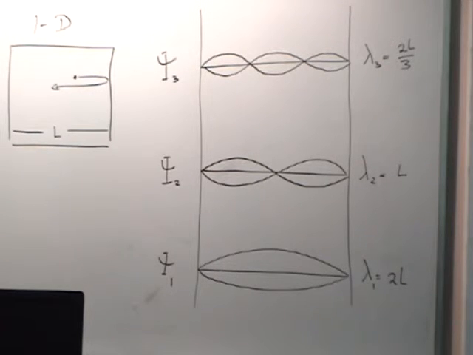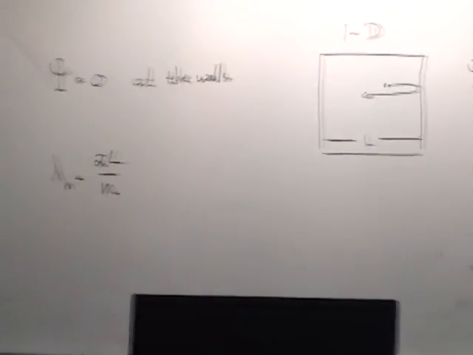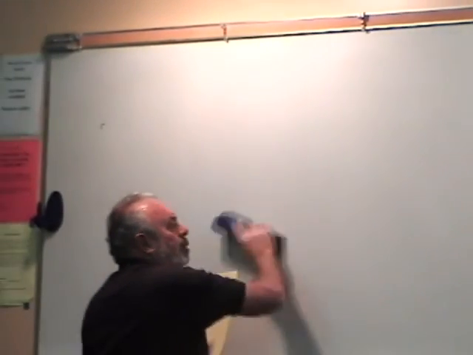But, can I put it in here? No, I'm not going to squeeze it down. I'm going to move it down to the other side. But we can begin to discuss the allowed kinetic energies of the particle in the box.